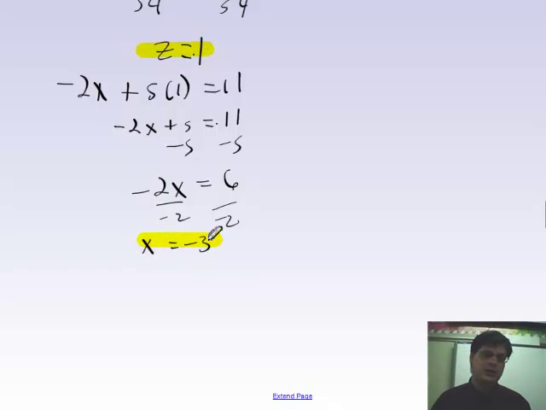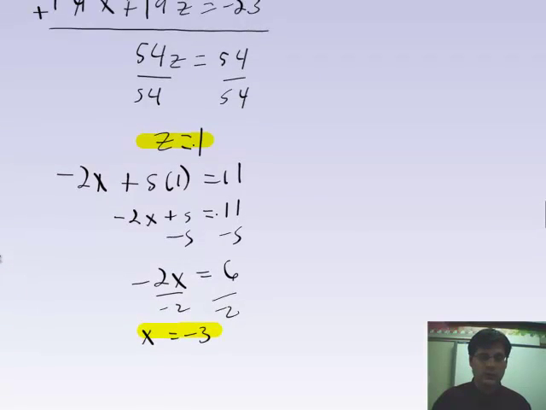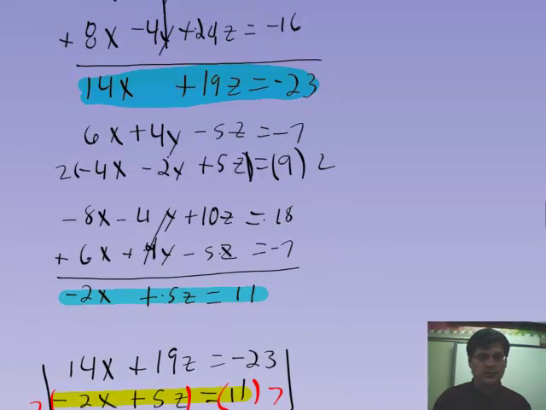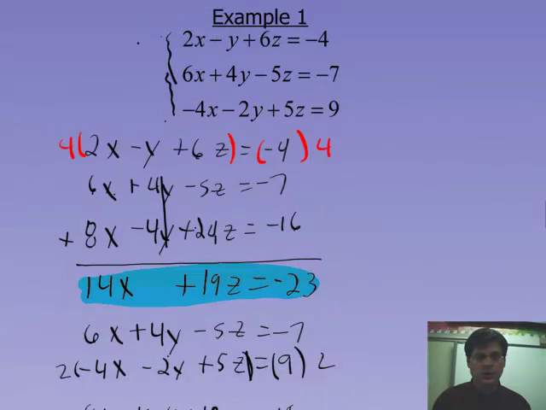So we have z equals 1 and x equals negative 3. Now we're going to take these two variables and substitute them into one of the three original equations that we started off with at the very beginning. It doesn't matter. I'll do the first one here.